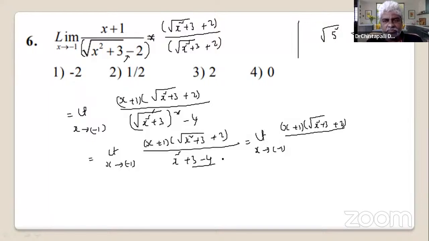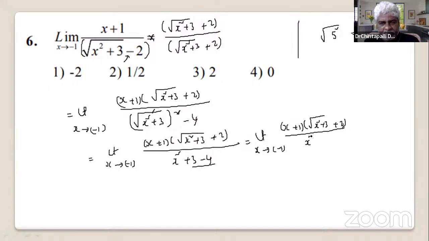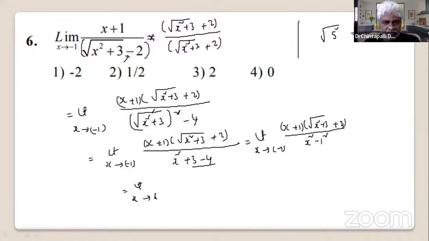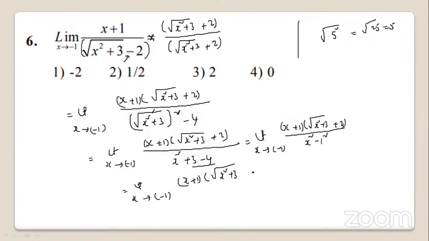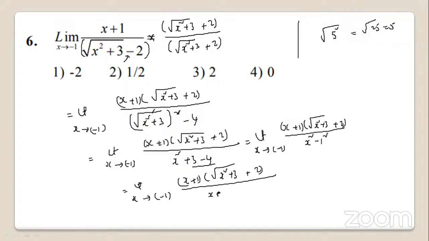What's the value of 3 minus 4? Negative 1. So x squared minus 1, which can be written as x squared minus 1 squared. Limit x tends to -1, x plus 1 times root of x squared plus 3 plus 2, whole by use the a squared minus b squared formula here: x minus 1 times x plus 1.